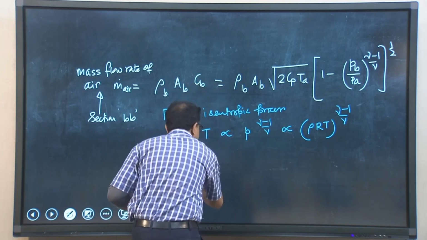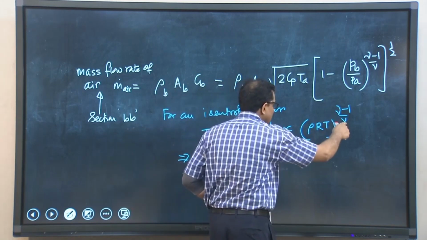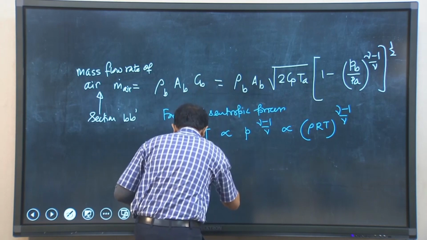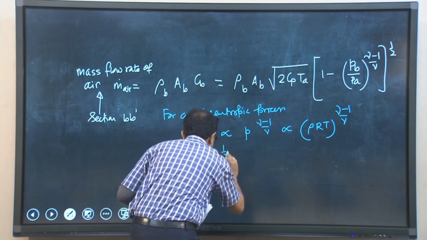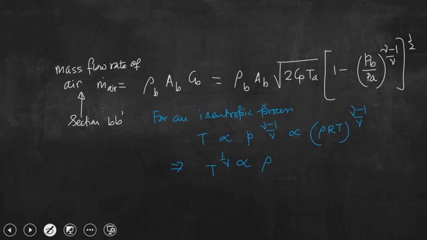From this expression, because this is T power (gamma minus 1) upon gamma, if we take this side, then we can write T power 1 upon gamma is proportional to rho power (gamma minus 1) upon gamma. So, that means T is proportional to rho power (gamma minus 1).